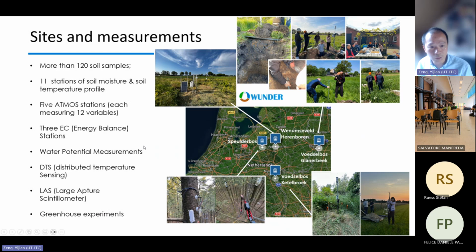Then we have 3 eddy covariance or energy balance stations, and water potential measurement in the soil, but also in the plant. And this DTS system, as I mentioned, distributed temperature sensing, and we also have a scintillometer to measure the evapotranspiration. We also conduct greenhouse experiments to understand water stress and nutrient stress on photosynthesis.